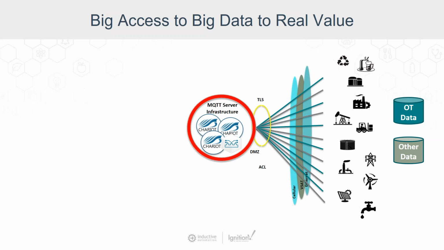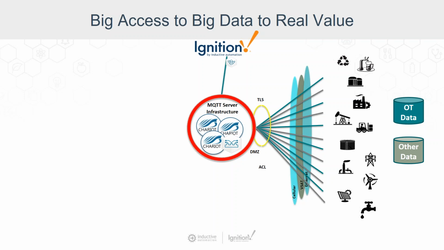We then have an architecture in place where then we can consume and do a lot with that data, and have this auto discovery and the ability to innovate, do new things, test out new technologies by getting access to that real information. So that big access to big data can provide some real big value.